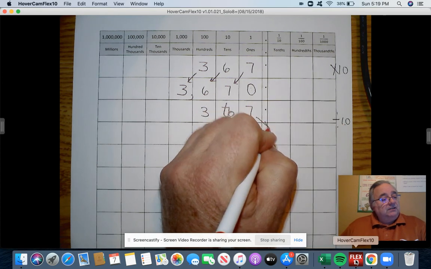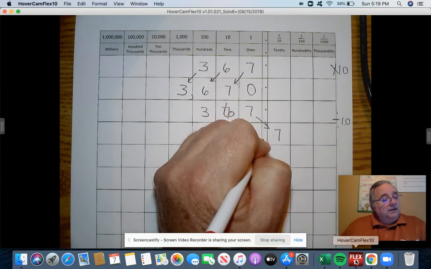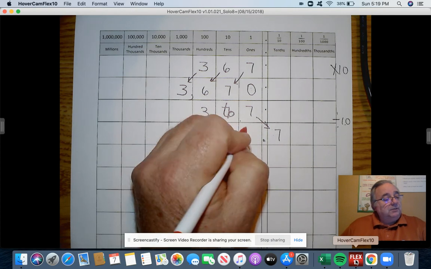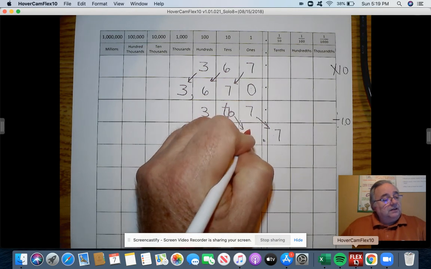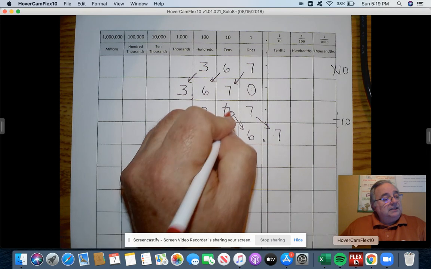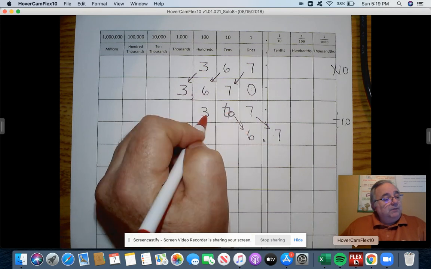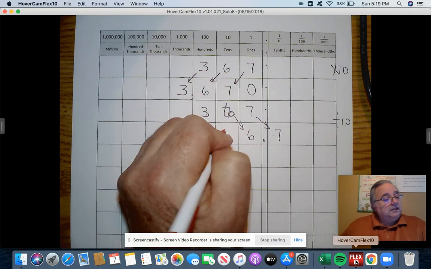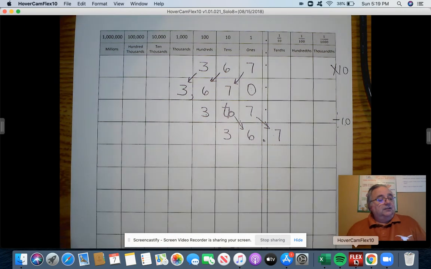So the 7 is going to come out this way. There's going to be a decimal there. The 6 comes over from the tens to the ones, and from the hundreds to the tens, we're going to get the 3. Now, if you're noticing, we're moving our digits over a whole place.